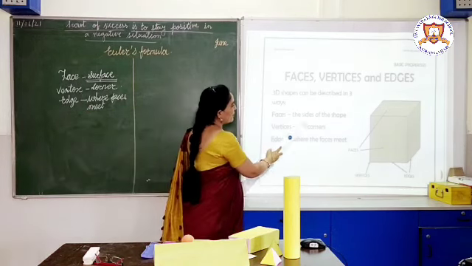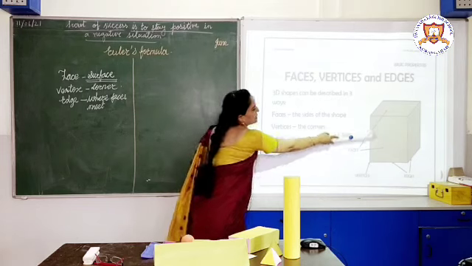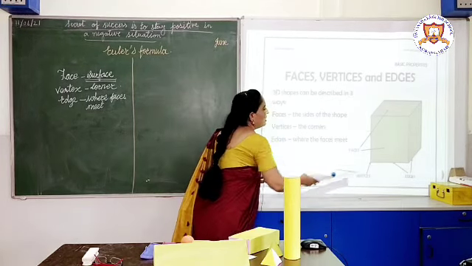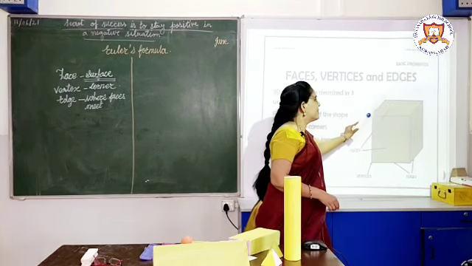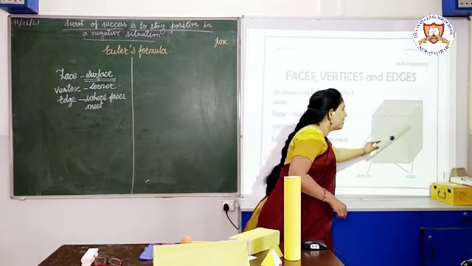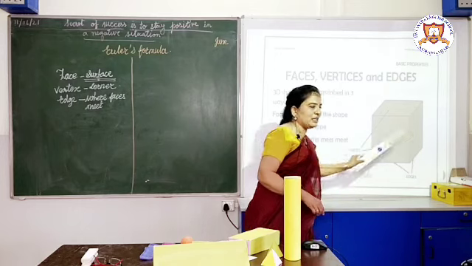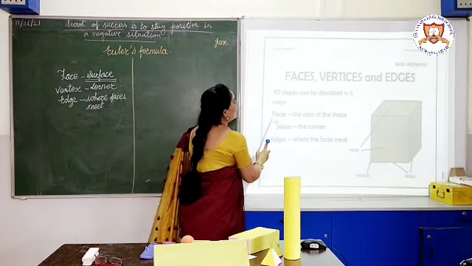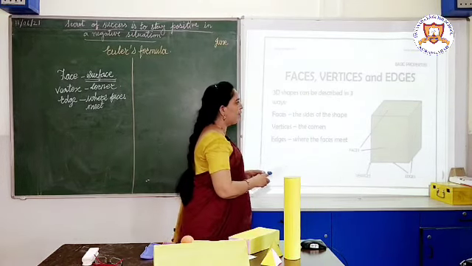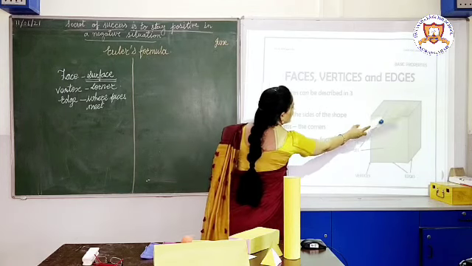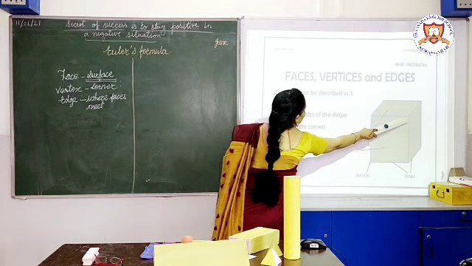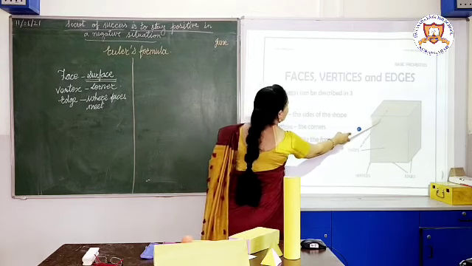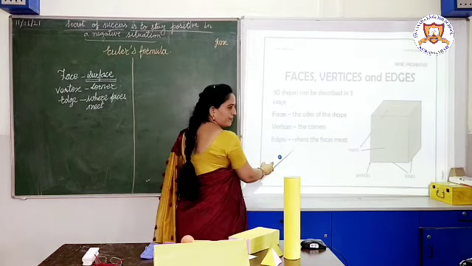See, face means what? Side of the shape. This is one side of the shape, this is one side of the shape. These sides or surfaces which we can see are called faces. Edge means what? Here, this face and this face, these two faces are meeting each other here. So it is called an edge.